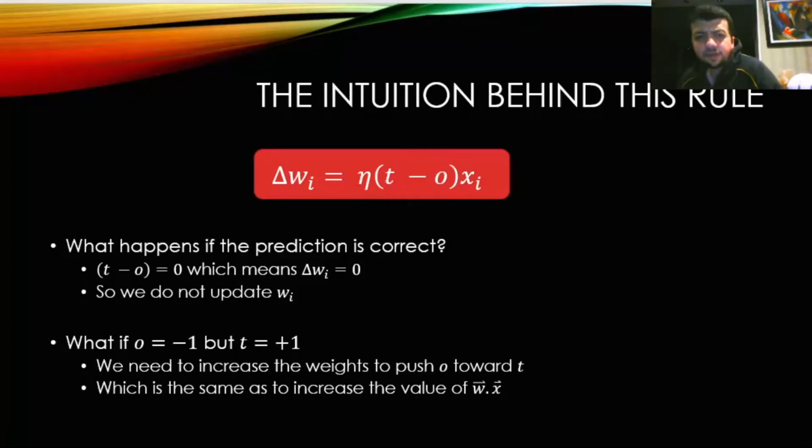And this makes sense, and our perceptron training rule is also following that rule. Now, what if, let's say the output of your perceptron is -1, meaning that the perceptron believes that this particular data point belongs to the negative class. But let's say the actual ground truth is +1, meaning that we know that this x belongs to the positive class. What would happen then?